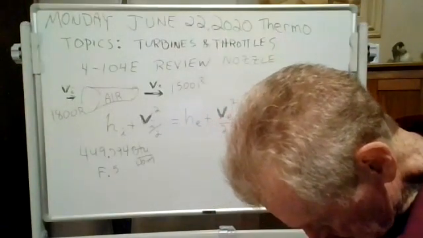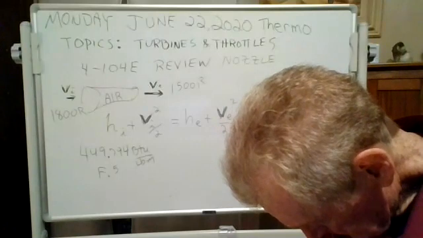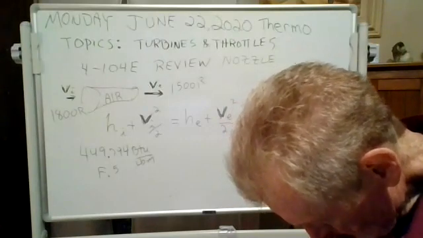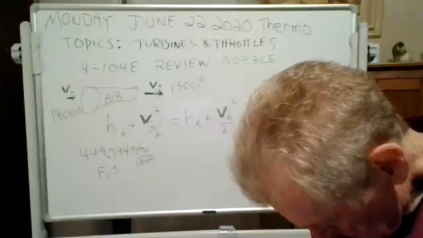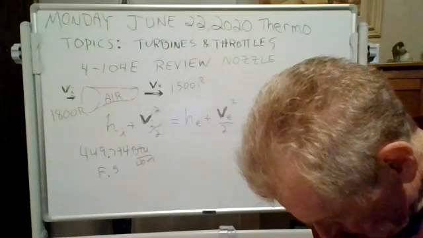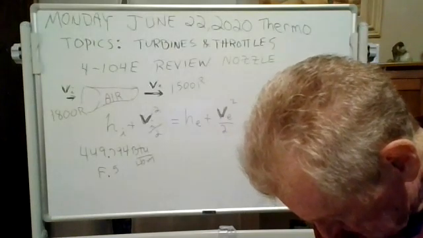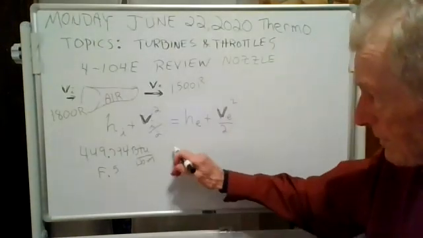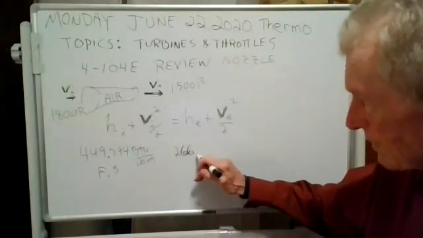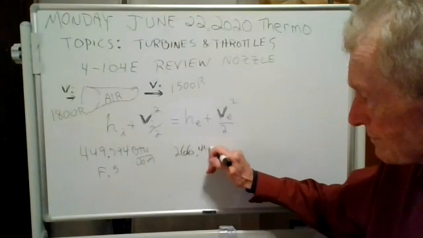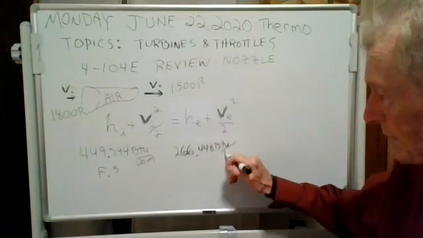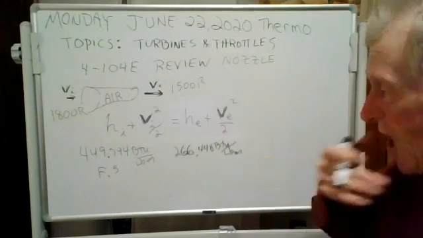So I've got to go 262.537 and 270.359, and then divide by 2. I'm getting 266.448 BTUs per pound mass.